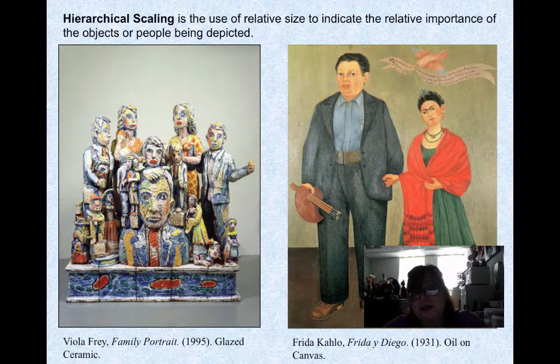And then on the right, we have a painting by Frida Kahlo, the Mexican painter. This is called Frida y Diego. And if you remember, Frida was married to Diego Rivera. And what's interesting is in modern times, Frida is actually much more well-known and much more popular than Diego is. But back in the day, Diego was a very important Mexican muralist painter.